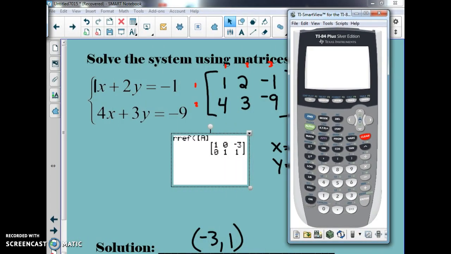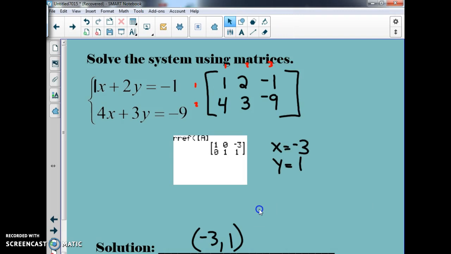So on my first equation, I would enter in -3 for x plus 2 times 1. And when I do that, I get -1. So that checks out. Looking at the second equation now to check that, 4 multiplied by the input of -3 for x plus 3 times my value of y, which is 1. That better be equal to -9, and indeed it is. So my answer is indeed for this problem -3, 1.